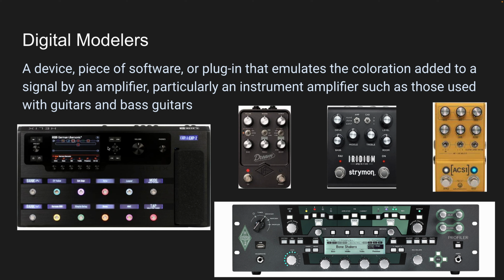The Kemper is more similar to the Helix, but it's, in my opinion, just not known for its effects that are in there as much as the Helix is. But considering price, the Kemper is probably going to be the most expensive, followed closely by the Helix, and then these are going to be less money because they're more just amp simulation.